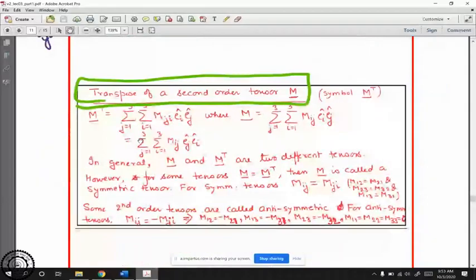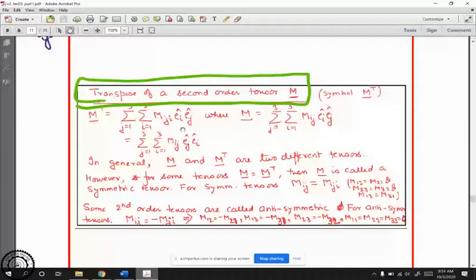Some more definitions. The transpose of a second order tensor M is also a second order tensor. So the transpose of a second order tensor M is symbolically written as M^T, where T means transpose. So if M is written as Mij Ei Ej in our coordinate system, what is the difference between M and M transpose?